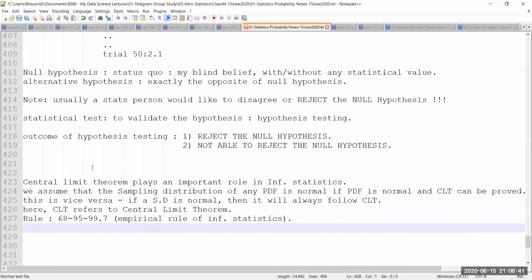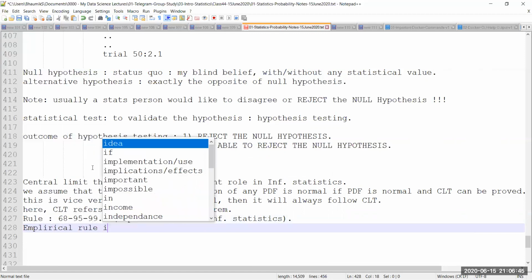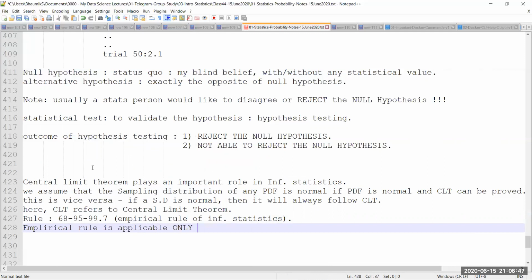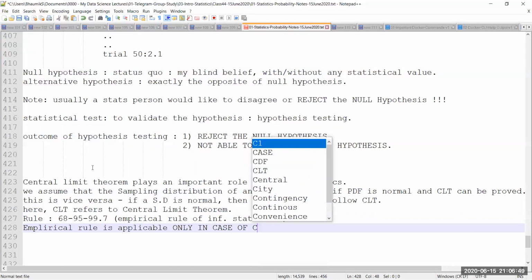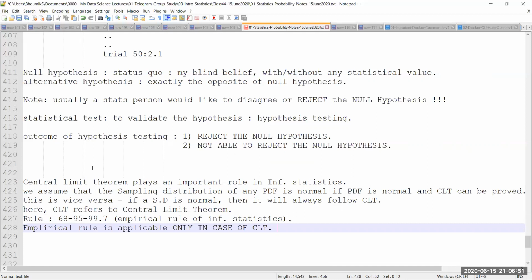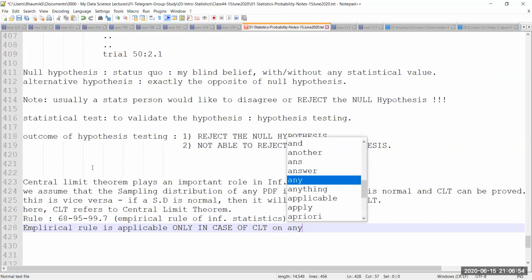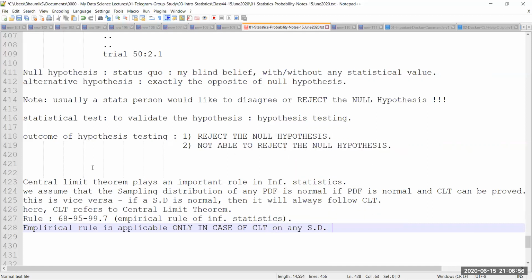This empirical rule is applicable only in case of CLT. So if the central limit theorem is applicable on any sampling distribution, then only I can say the empirical rule is applicable. That is the reason why it is so important to get a distribution converted into a normal distribution, so that I can directly say CLT is applicable, and hence my empirical rule is also applicable.